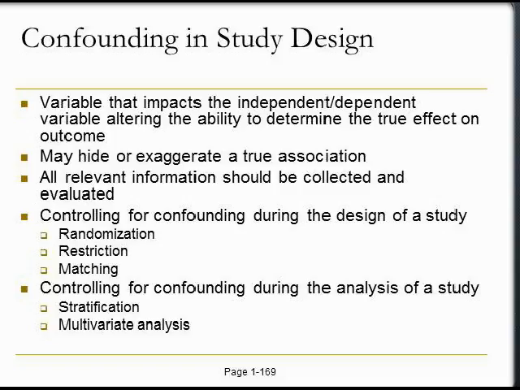That's the most effective way to control for confounding. But we may also be able to do it in stratification, or we may be able to do it after the fact with multivariate analysis. But in order to do those multivariate analyses, we have to have sufficient data to allow us to investigate those factors that may influence the analyses.